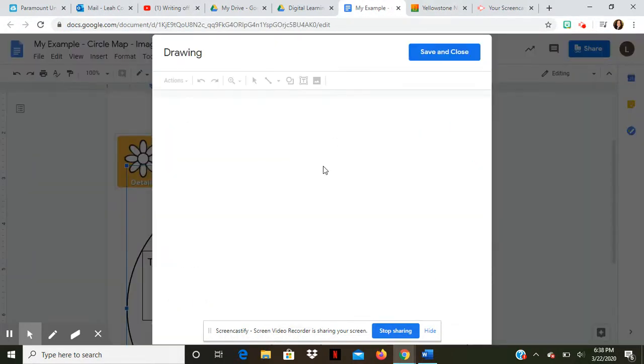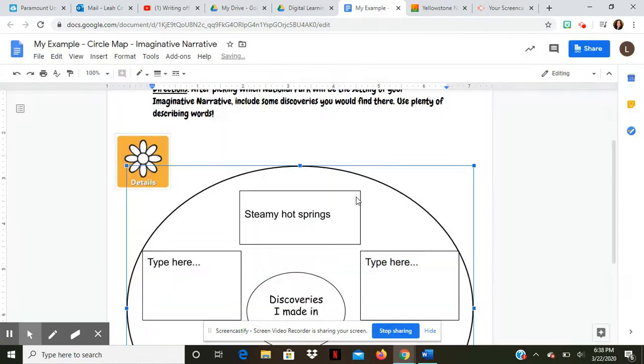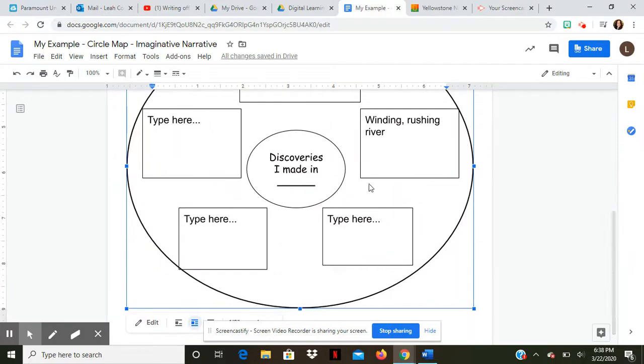Going back, double tapping, going here, the winding, rushing river. Maybe since it's Yellowstone and it's in a state like Wyoming, it could be a cold rushing river, a freezing rushing river, whatever describing words you want to put for your own writing.